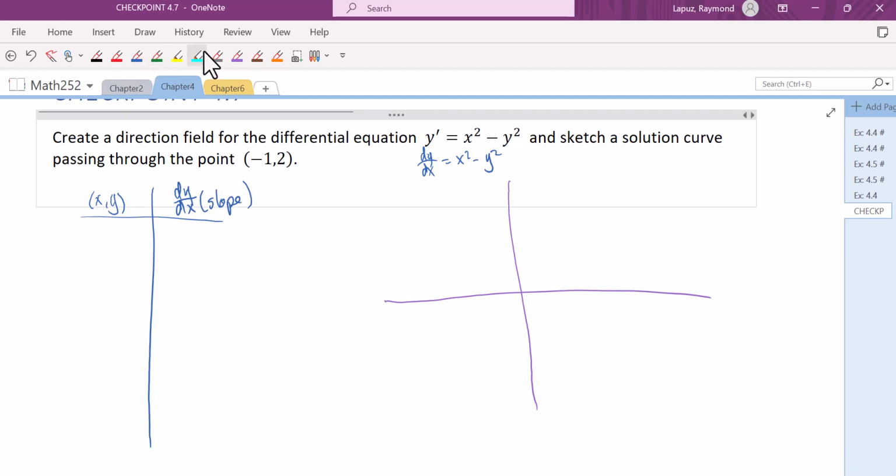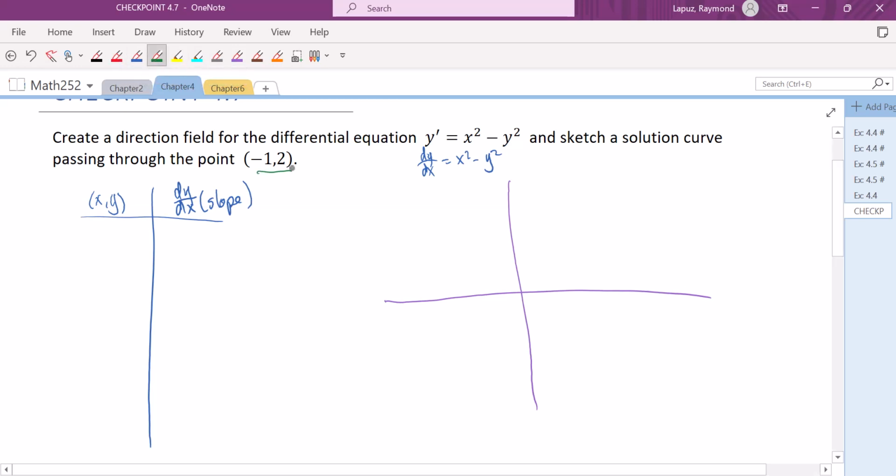So let's get to the actual point that they're giving us. The actual point is -1, 2. So let's start with that. If we put that into this equation, x is equal to -1, we're going to square that, so that's going to be +1. And then minus 2 squared, which is 4, so this is going to give us a -3.